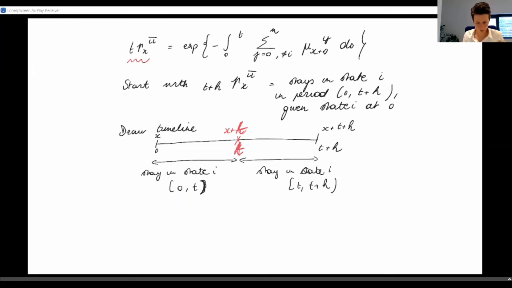Okay. So what do I know following the multiplication rule that we discussed earlier on?